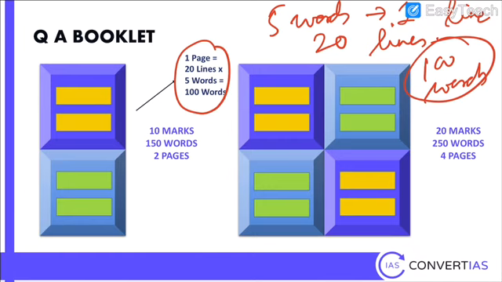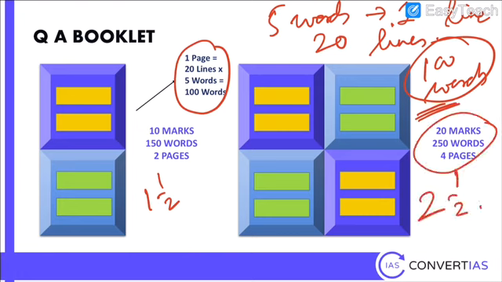So this should be your target, so that in the examination hall you do not end up counting words. That is a huge waste of time. So you know in your mind that you have 100 words in one page. If it is 150 words, you are going to write 1.5 pages. If it is 250 words, you are going to write 2.5 pages, or probably 3 pages will also do for 20 marks.